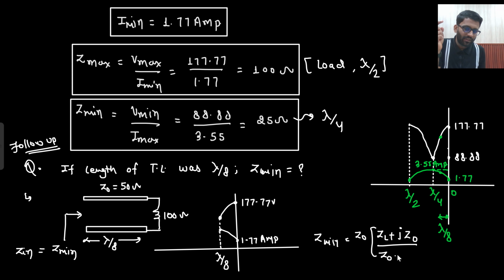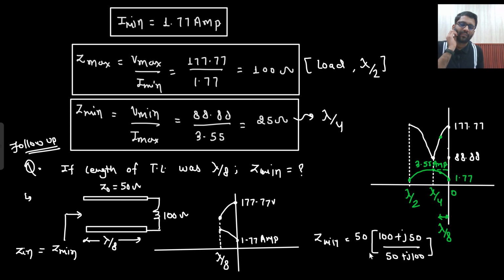So applying the formula, Z naught is 50, so 50 into ZL plus j Z naught upon Z naught plus j ZL. If I take 50 common, then this gets cancelled. So we are getting 100 plus j50 divided by 1 plus 2j. The rest you can solve, and whatever option is mentioned, you can click on that.